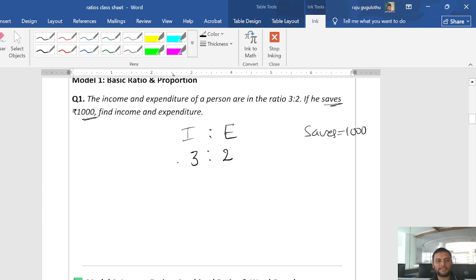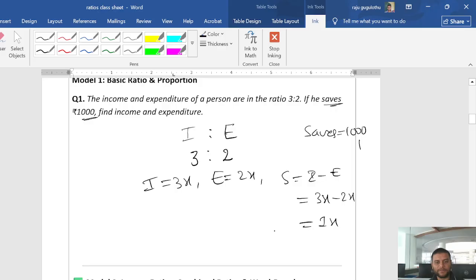Thus we can clearly say income is equal to 3x and expenditure is equal to 2x, guys. And we know savings is equal to income minus expenditure. So income 3x minus expenditure 2x, that is 1x, that is given as 1000 rupees. So we have got the x value.